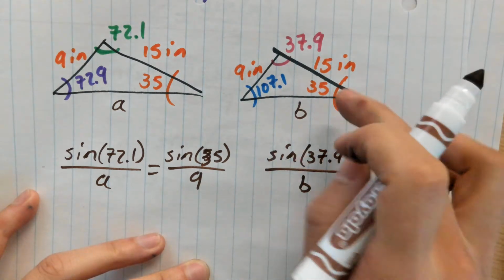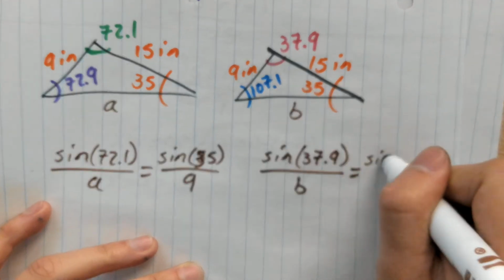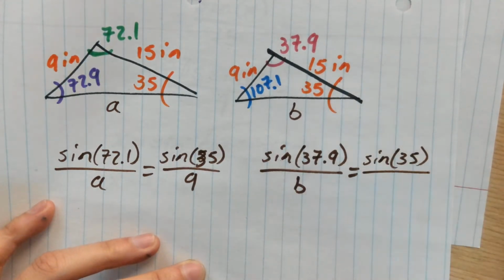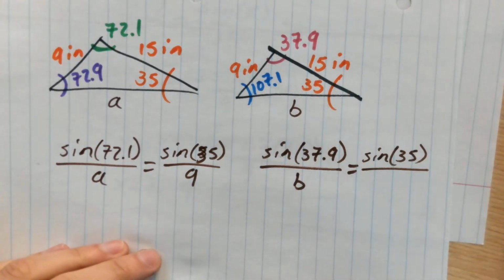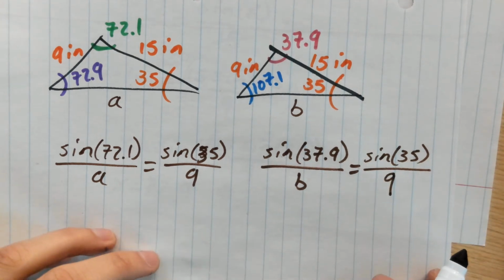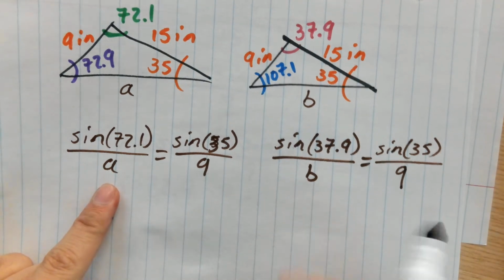I'm going to use the easy one, 35 and 9. So sine of 35. Again, if you're wondering why 35 goes in, it's because it's the angle. Right, Jasmine? Yes. Divided by 9. So that's the setup to find A and B.